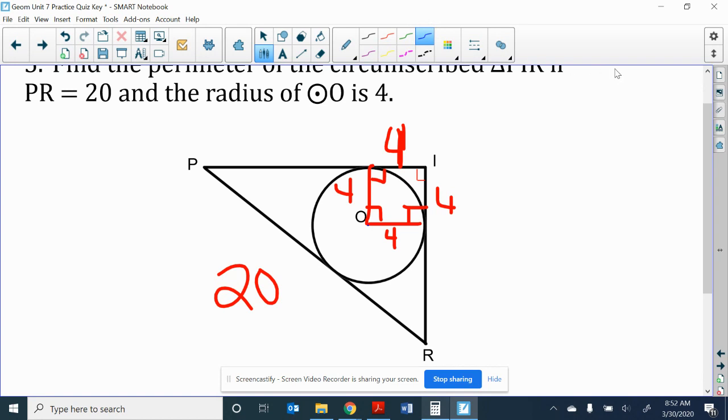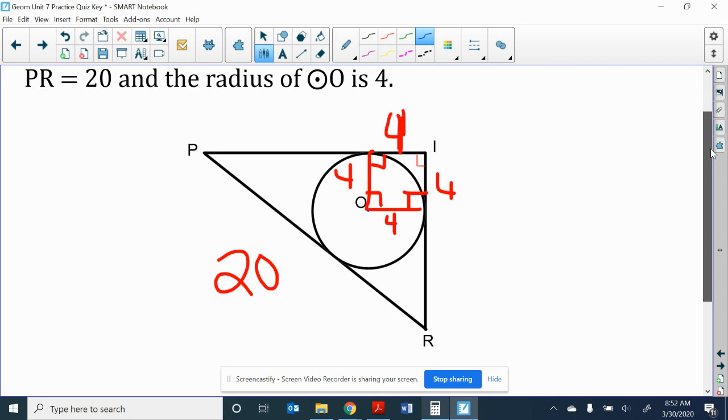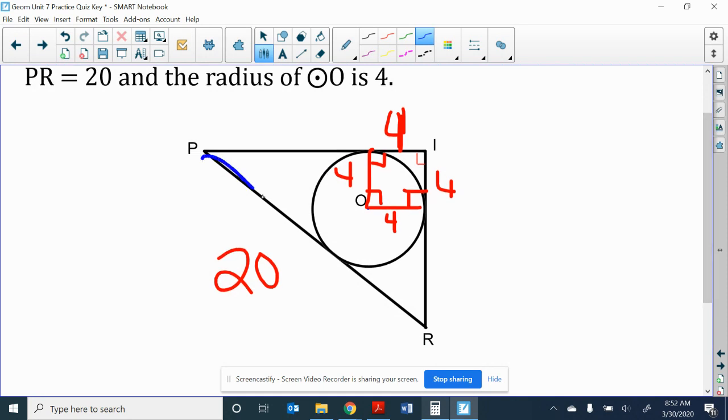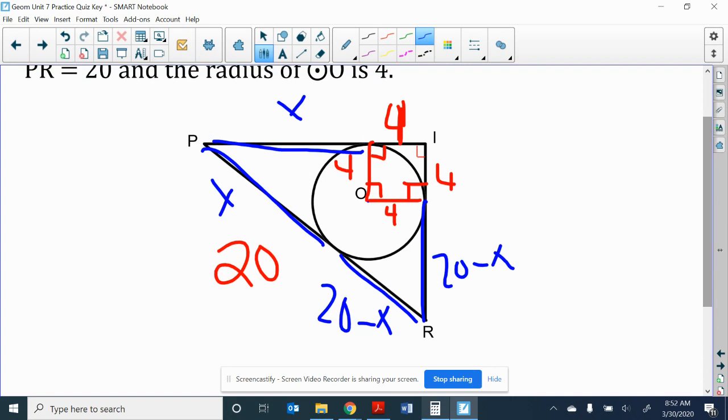Okay. They want us to find the perimeter of the triangle if that is 20. Okay. So this is x. This is also x. This side is going to be 20 minus x. This side is also 20 minus x. So let's add up the sides and see what happens.